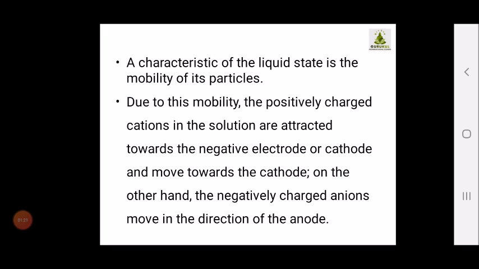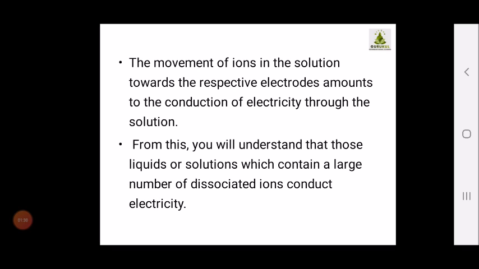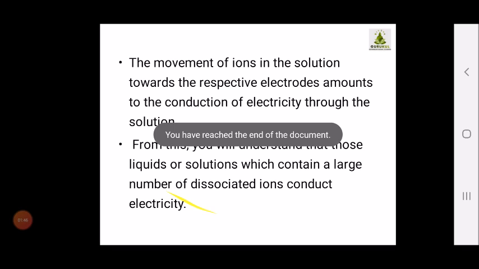On the other hand, the negatively charged anions move in the direction of the anode. The movement of ions in the solution towards the respective electrodes amounts to the conduction of electricity through the solution. From this, we can understand that those liquids or solutions which contain a large number of dissociated ions conduct electricity.